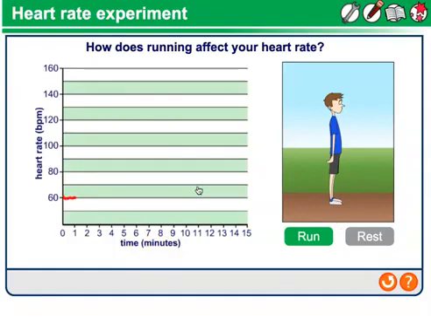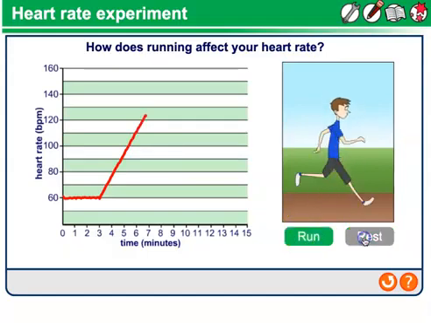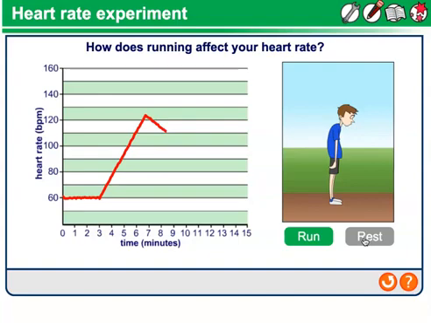So looking at a heart rate experiment, how does running affect your heart rate? Notice the slopes between the two lines are not the same.